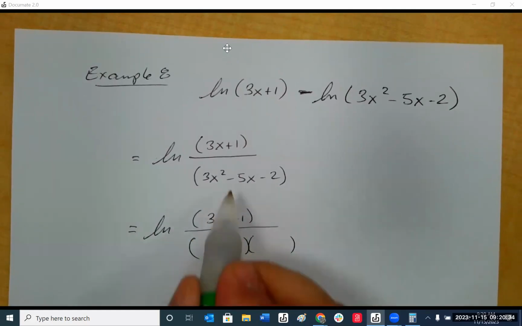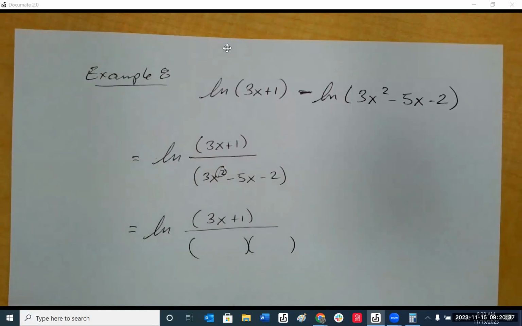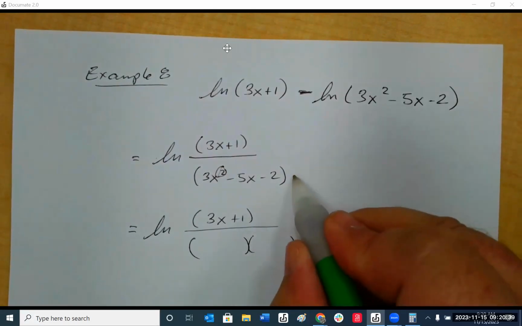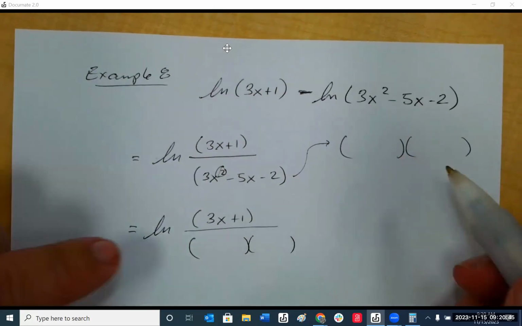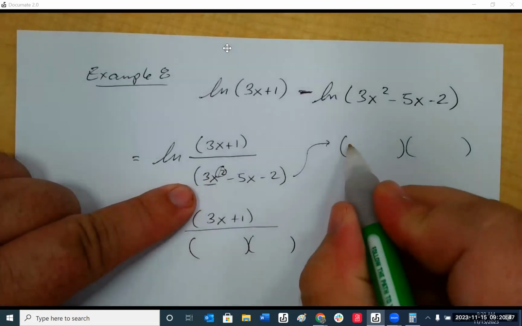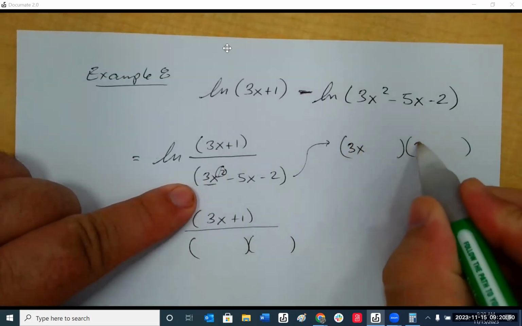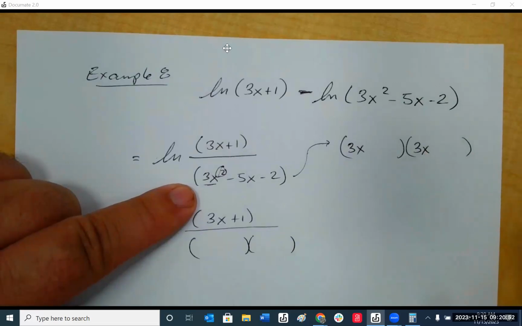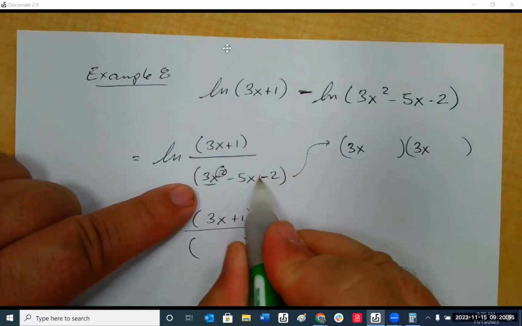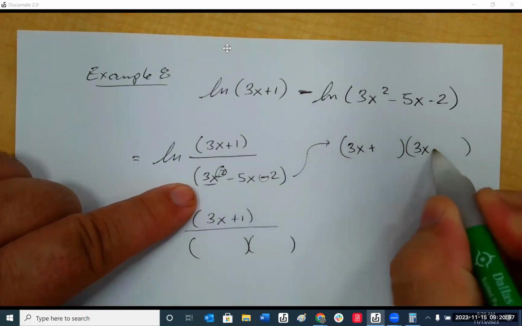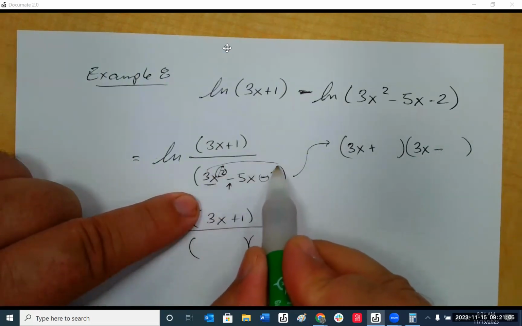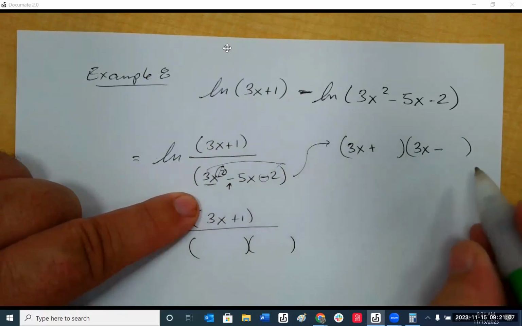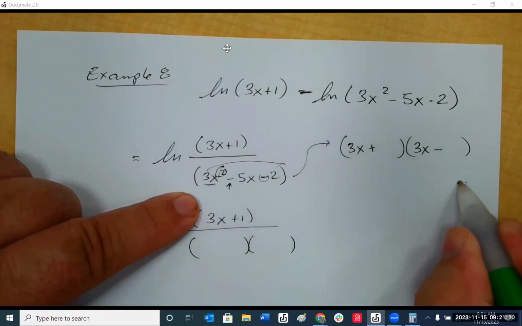Factor the bottom because it's a polynomial. Since the leading term is 3x squared, I have 3x and 3x. Second sign's a minus, so they're opposite signs. The bigger number gets the negative. Multiply the first and the last term. 3 times 2 is 6.